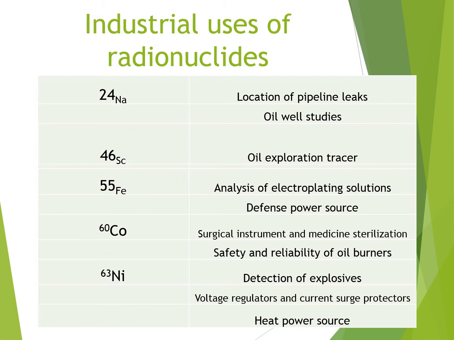Then we have nickel-63, and it is basically used for the detection of explosives. It can also be used in voltage regulators and current surge protectors. Nickel also has vast applications in heat power sources.